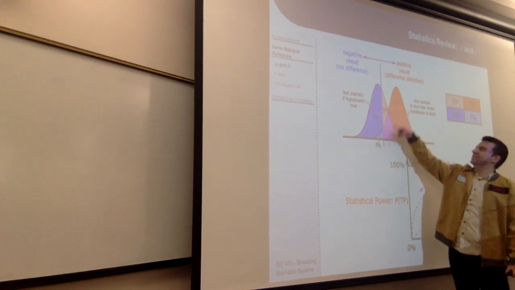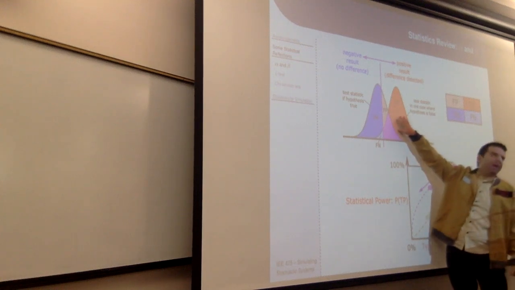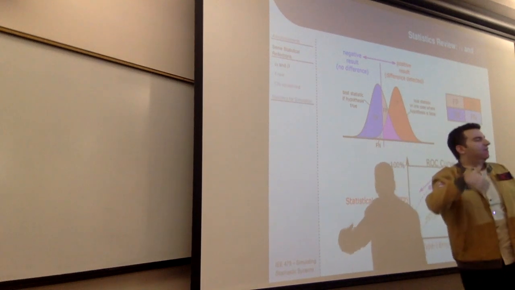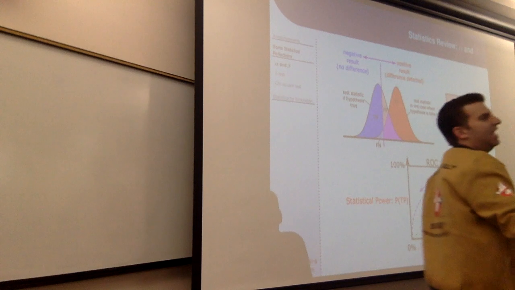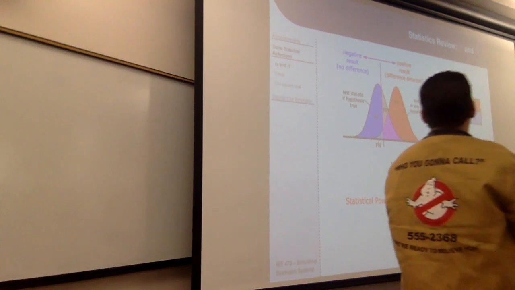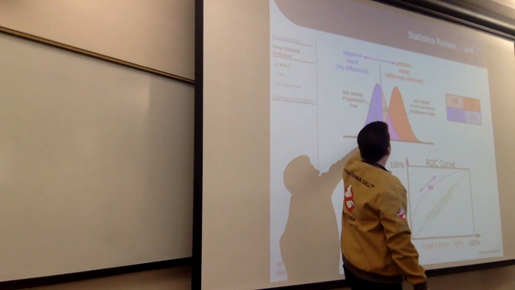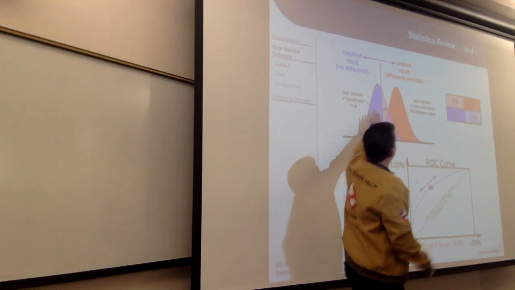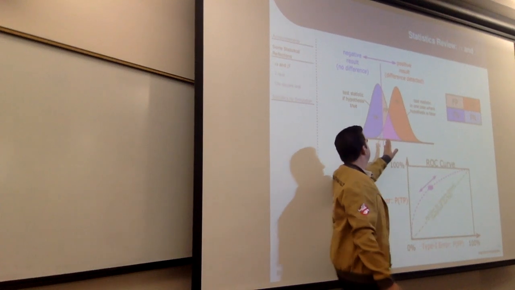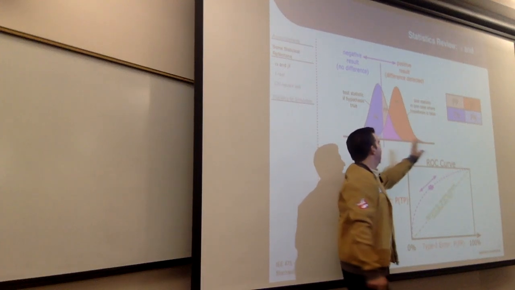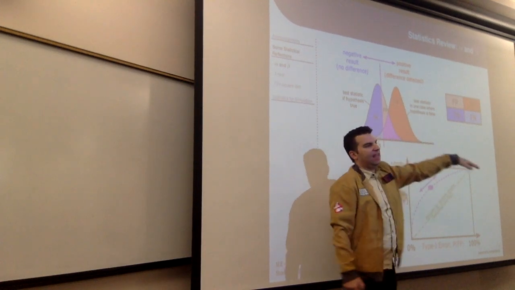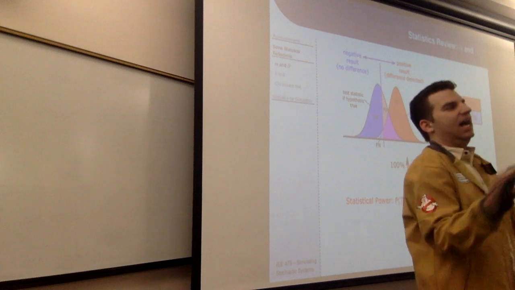In order for us to actually capture this true positive information, I need to know information about the alternatives. And that's where we'll get into next time, the parametric tests and where that term comes from. But the idea is I assume the null is true, and that's the blue one here, and then I create some threshold for evidence, and I say that anything beyond that threshold I'm going to say is not the null.